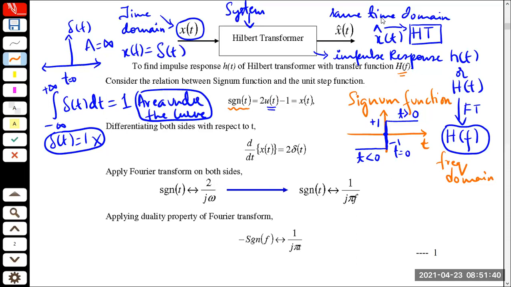Just a minute. Let me open up my whiteboard. So right now we want to see how exactly the unit step function looks like.